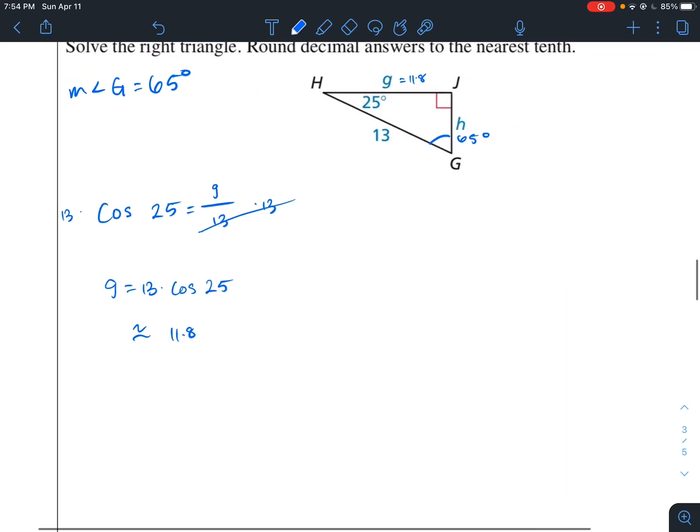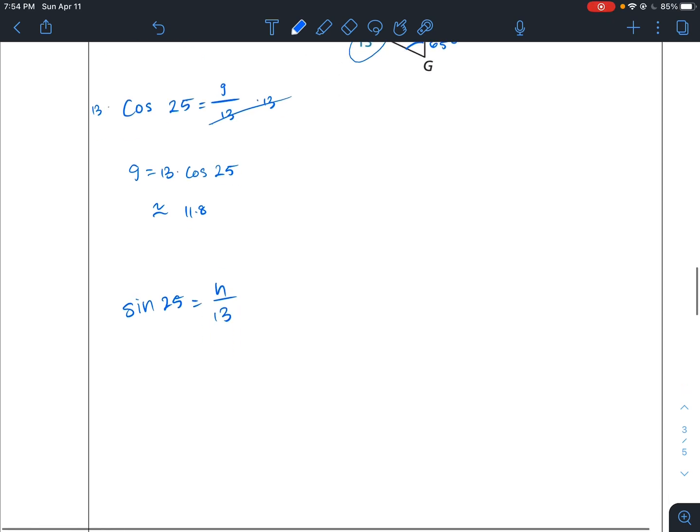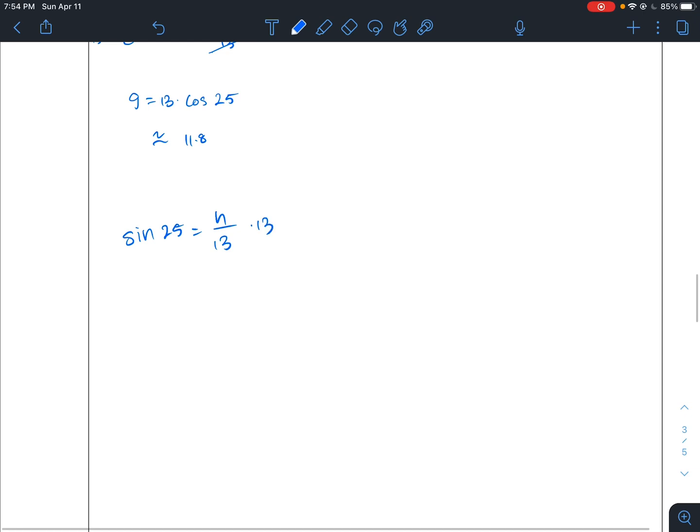And then I can solve for h. Relative to angle 25, h is the opposite over the hypotenuse. So then I could use sine of 25, which would be equal to h over 13. Solve for h, so I can multiply by 13. So h is equal to 13 sine of 25.